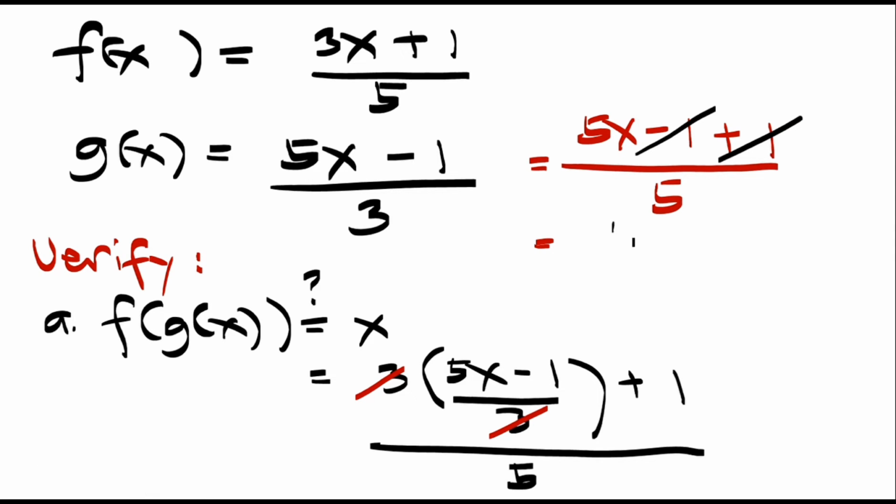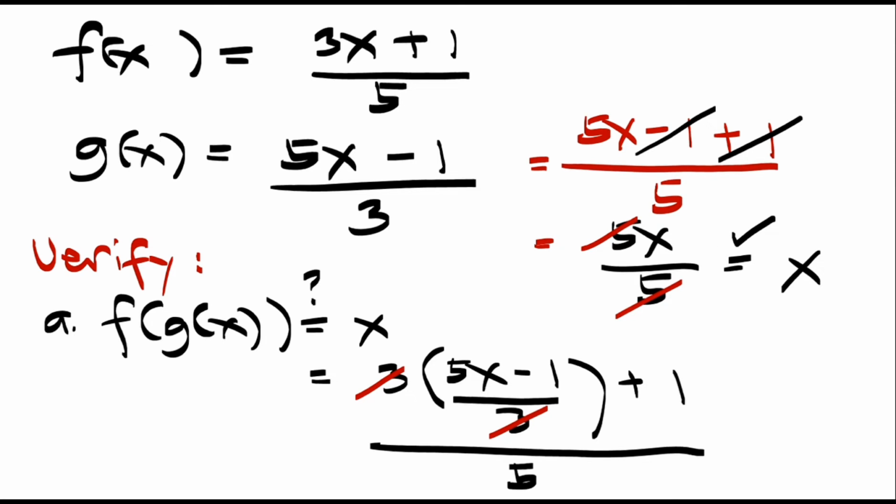So we have now 5x all over 5, and again 5 can be cancelled out, leaving us only x. So here we have our first condition, f of g of x equals x.